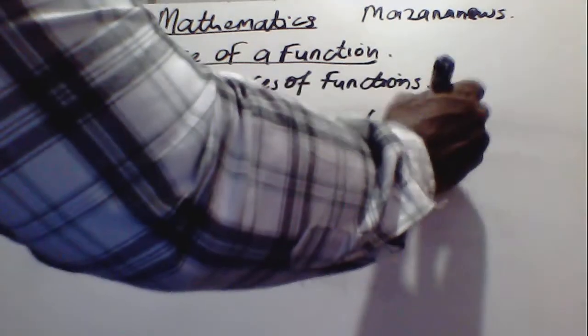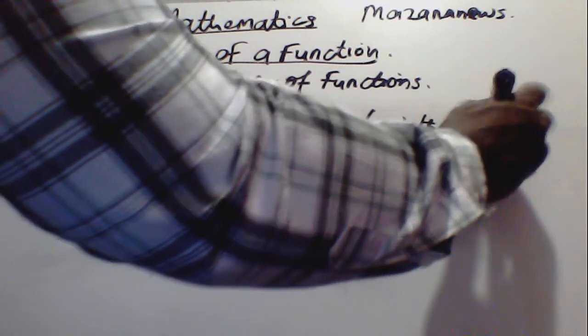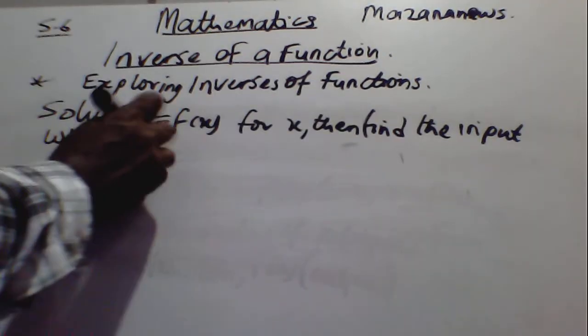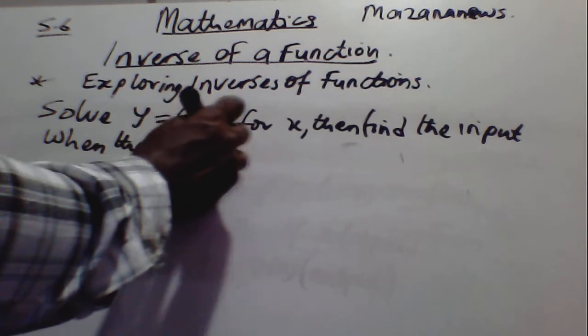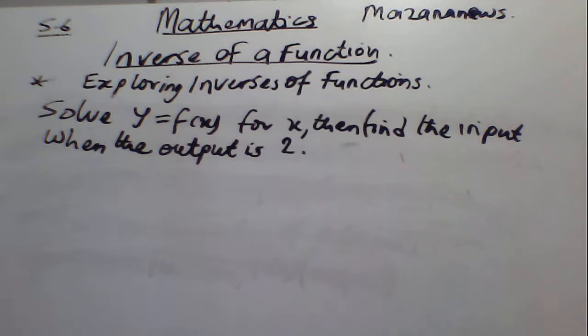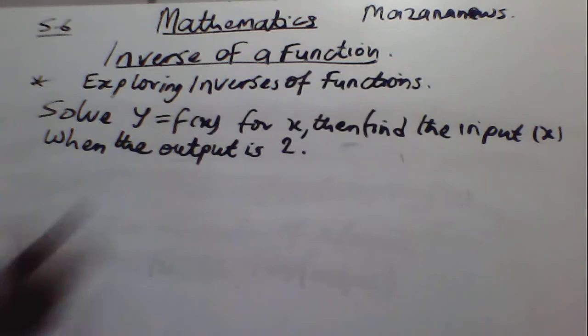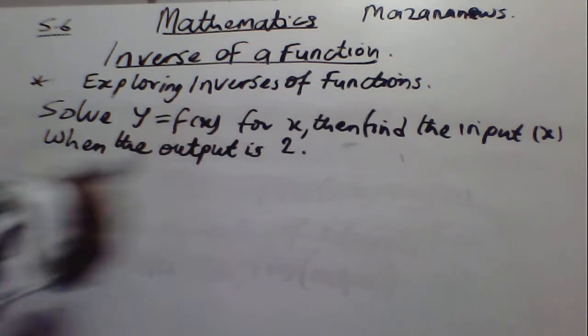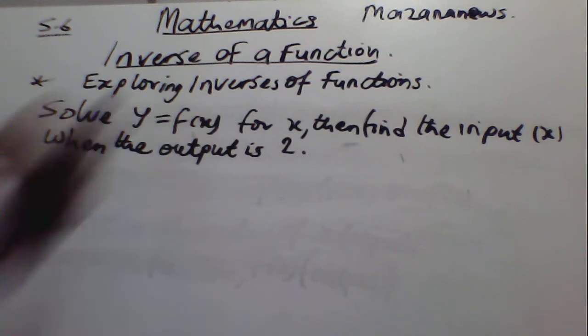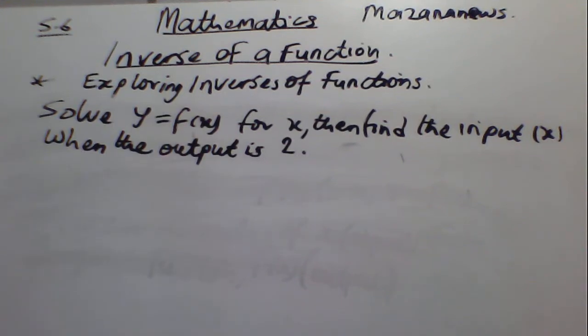We already know the input is x, and you have to find x when the output is 2. You know what the output is: the output is equal to f of x.